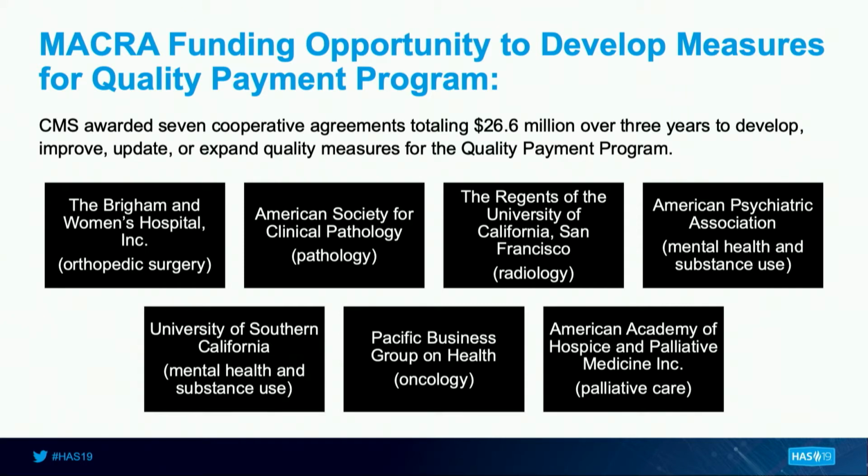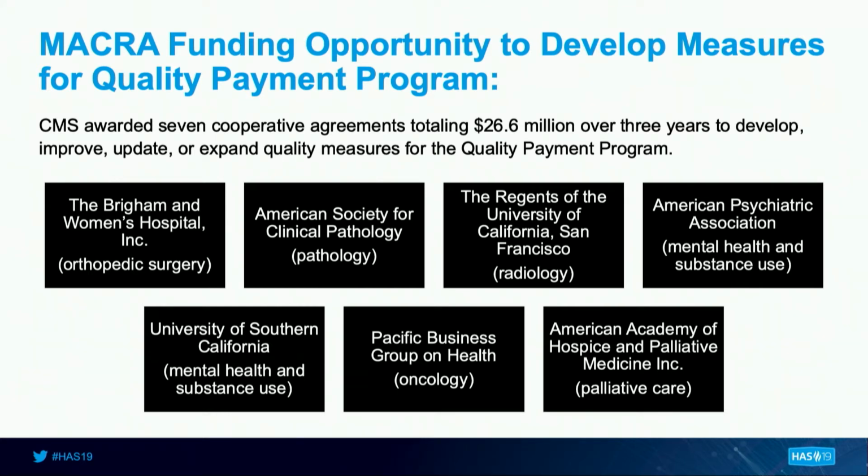We were trying to get outside of that box because we really felt that groups like these have a really unique position to establish some more appropriate measures for clinical specialties that are underrepresented in the current measure sets of the QPP. And that they are in a unique position to really create measures with the goal of improving patient care and really focusing on outcomes.